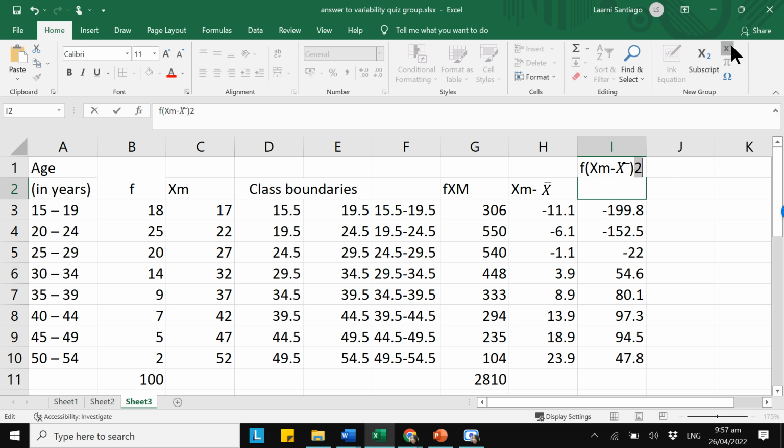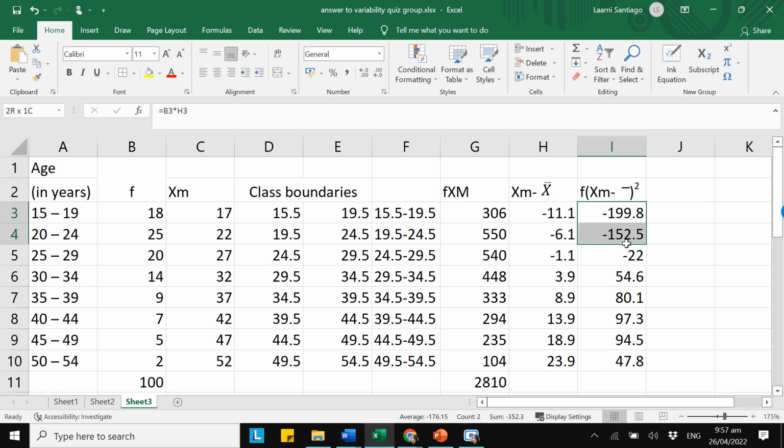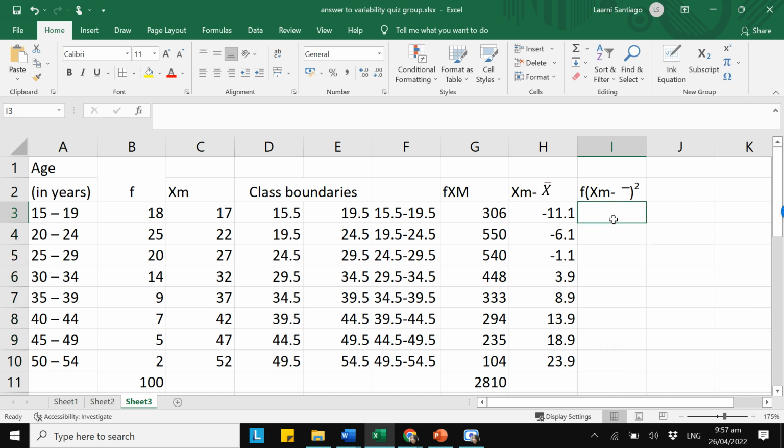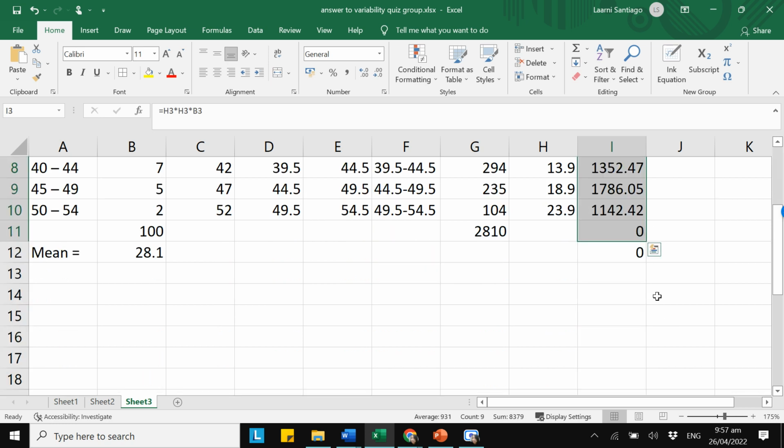Yan. Superscript. Yan. Clear natin to. Yan. So, it is, multiply it by itself twice. Times 10 times frequency. Yan. Para ba tandaan? Yan.